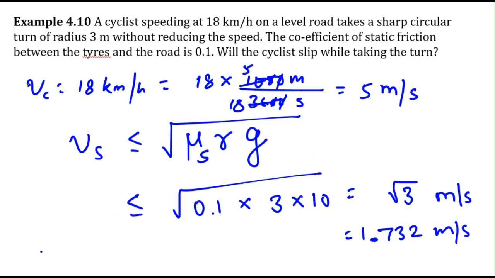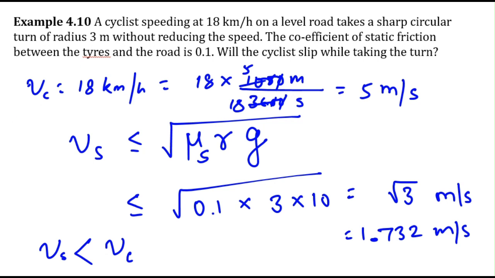Here we can see that the maximum permissible speed without slipping is nearly 1.7 meter per second, but the cyclist is taking the turn at a greater speed. So this cyclist is going to skid on the track.